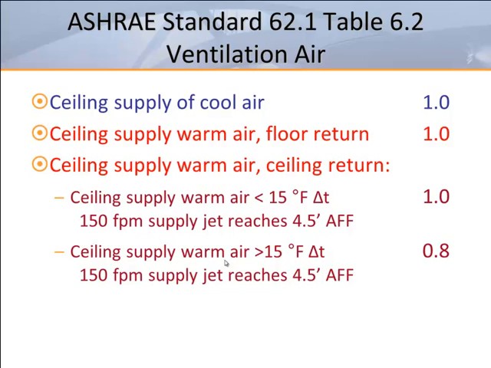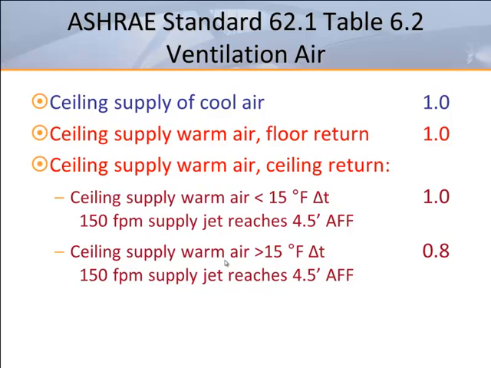Let's look at perimeter applications. ASHRAE Standard 62.1, Table 6-2, is an important reference tool when selecting outlets for use on perimeter spaces where heating and cooling is accomplished from one ceiling diffuser. For a fixed geometry outlet, the recommendation is to direct 50% of the air across the ceiling, 50% down the glass.